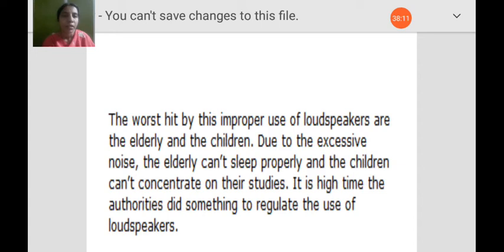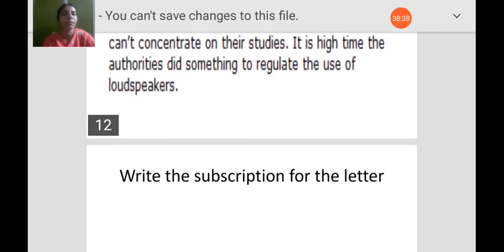Here in the last concluding paragraph, the whole essence of what we want in the letter is said in the last line. Actually, this is what we wanted to tell. There is a disturbance with the loudspeakers, and we need to regulate the use of loudspeakers.